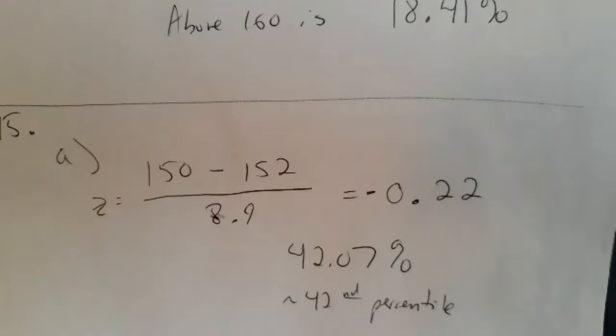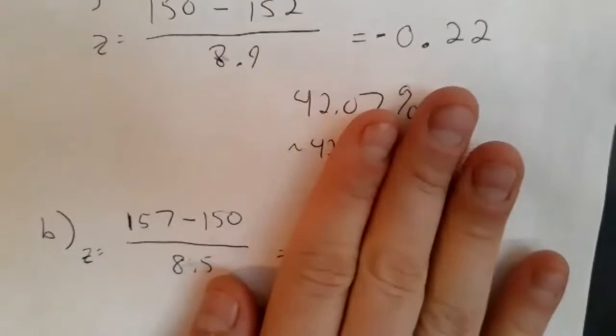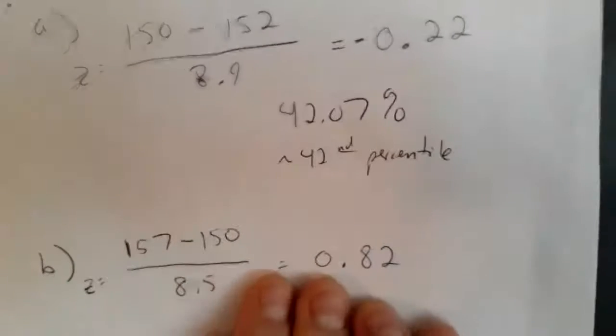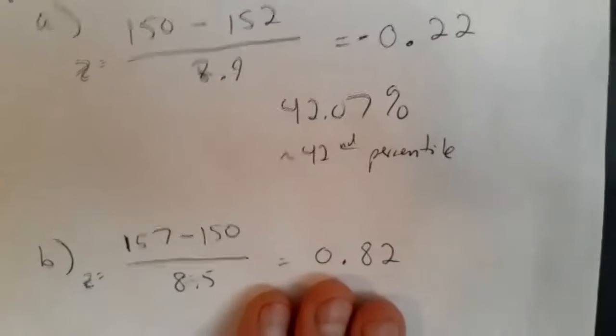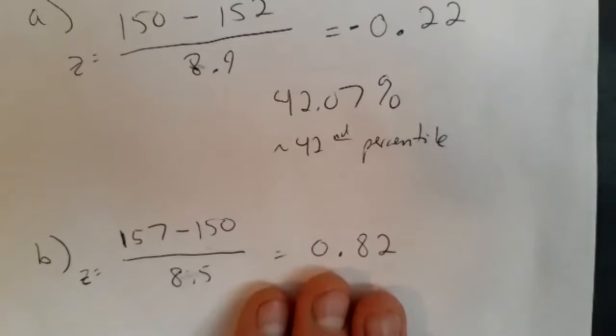Is it 157 minus 150 divided by 8.5? That's it. It's 0.82. That's it. And can you get it from the table? I don't have that table on me.